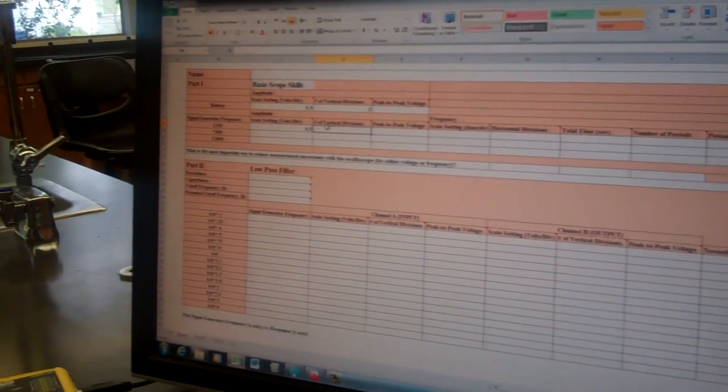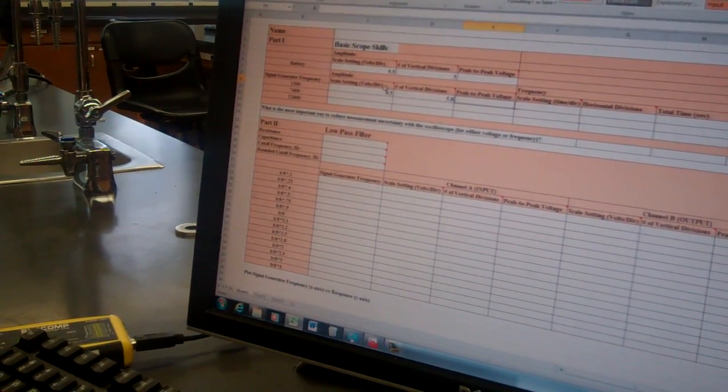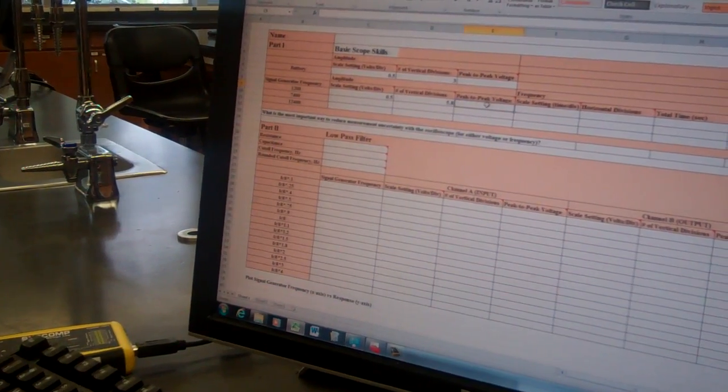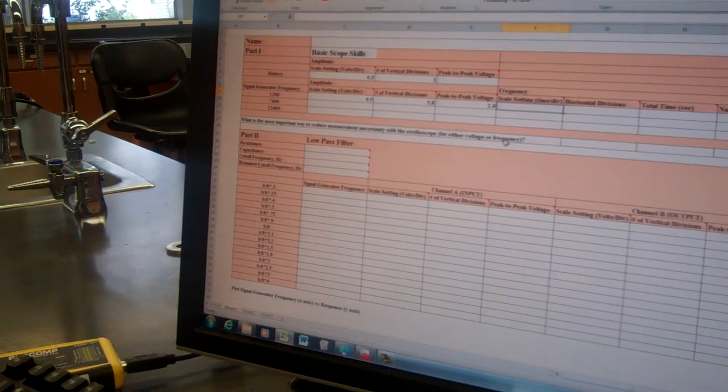Okay? So 5.8 it is. That's pretty easy. You multiply 0.5 times 5.8 to get the peak-to-peak voltage, and you get 2.9 volts. At least I did. Your results may vary. So may your mileage.